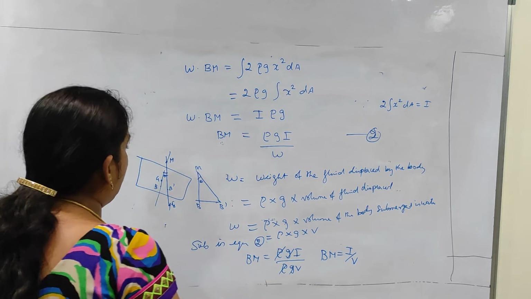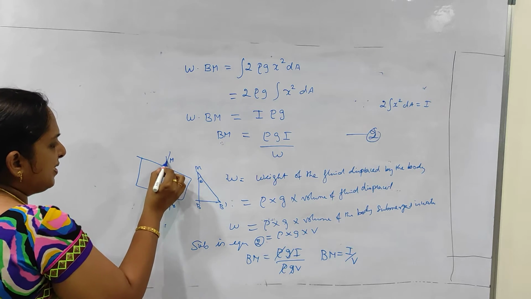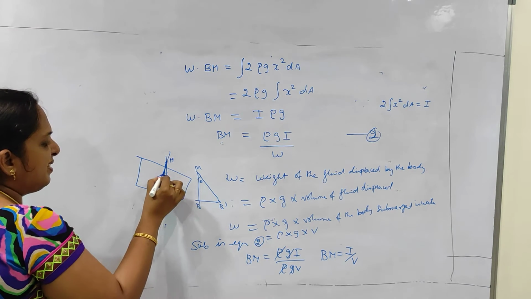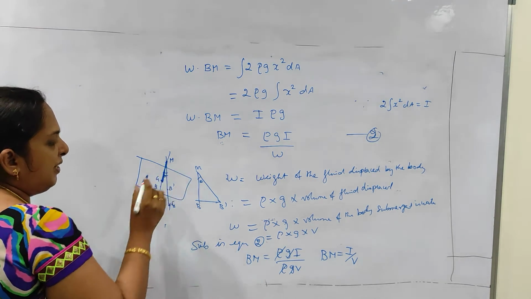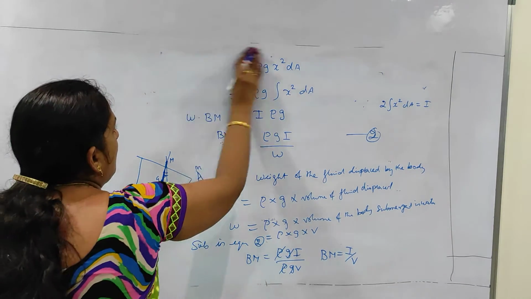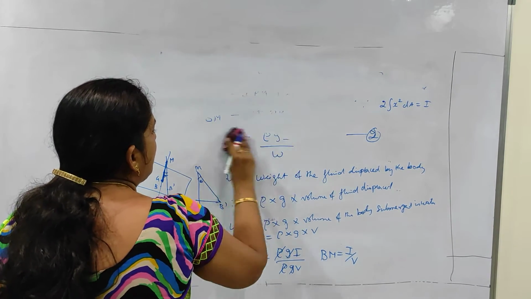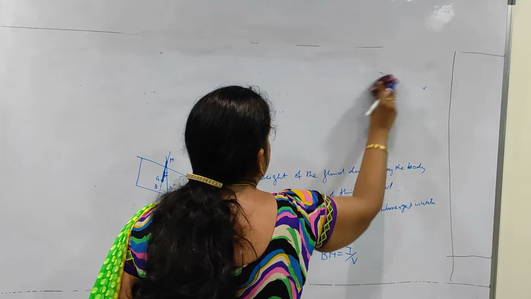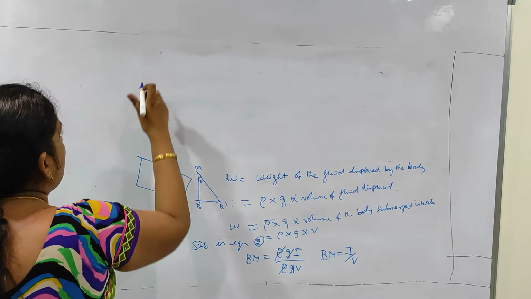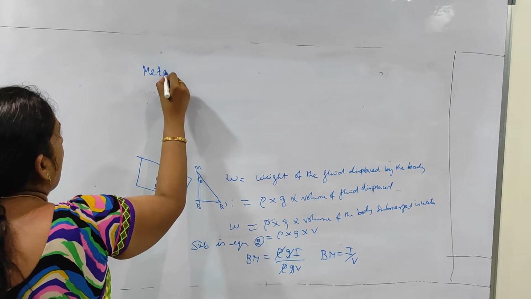But what I have said earlier, if I want to know the metacentric height, GM, from the center of gravity to the metacenter point, what is my metacentric height?